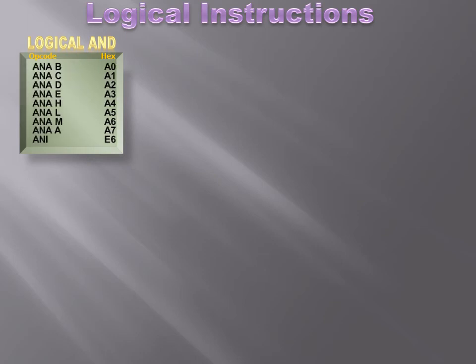So the next type is the logical instructions. In the logical instructions, we have ANA, which means AND with B, then AND with C. These are logical AND instructions. Then one is ANI, the AND with an immediate byte, the accumulator with an immediate byte given within the instruction. So this will be a 2-byte instruction.